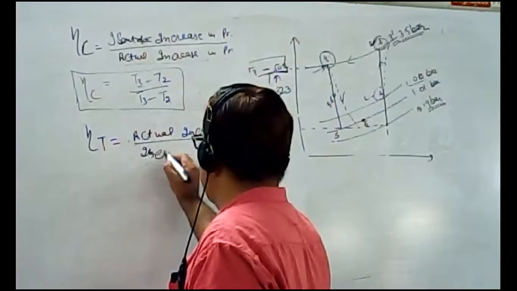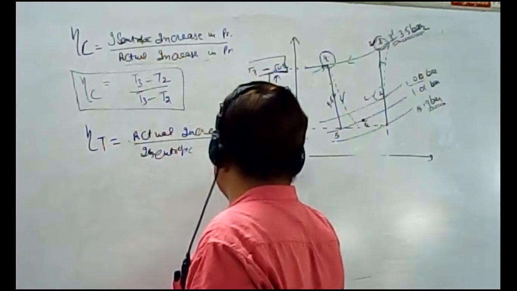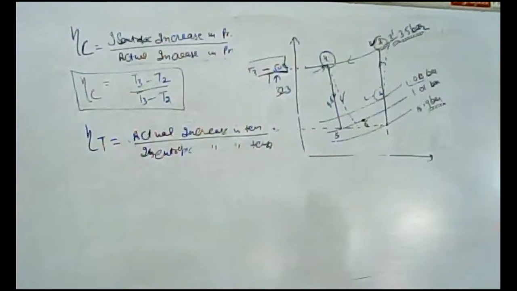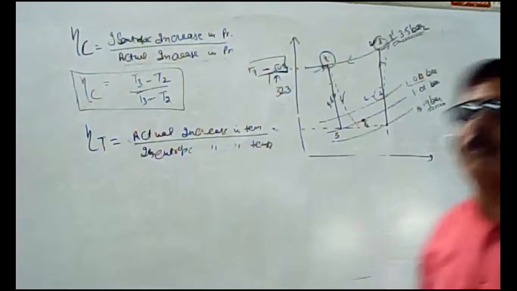So in this case, actual divided by isentropic.